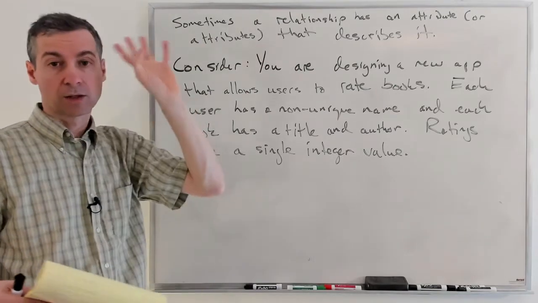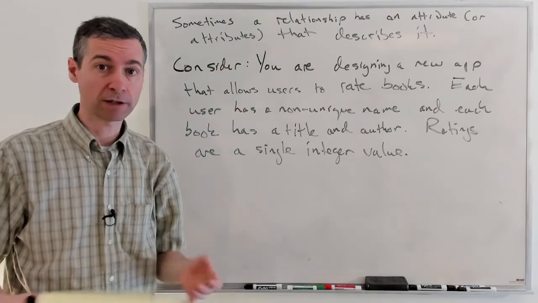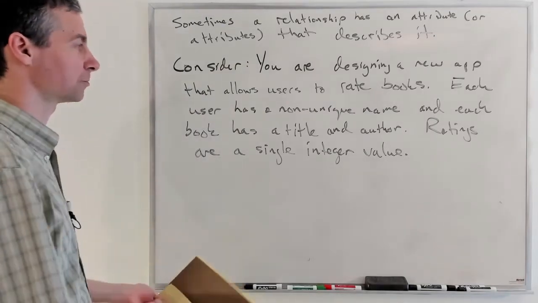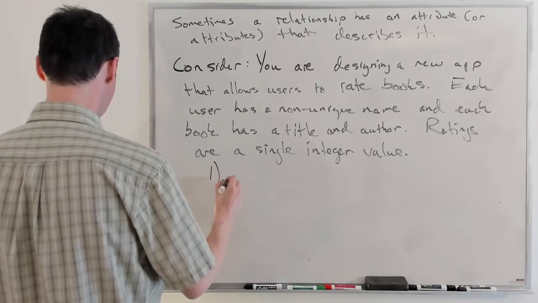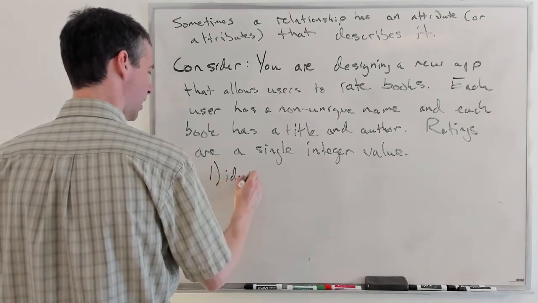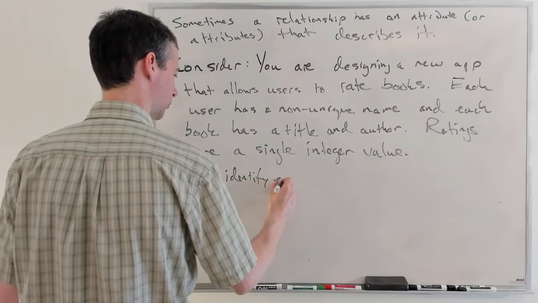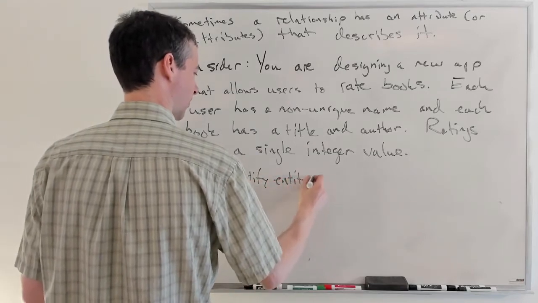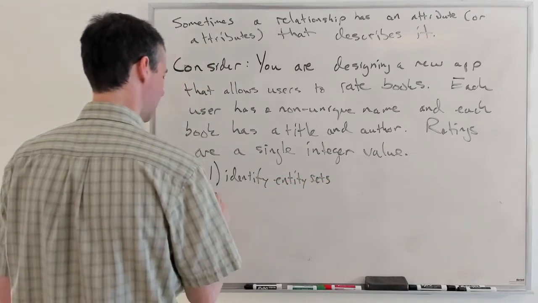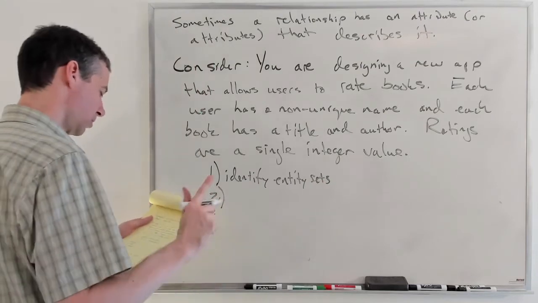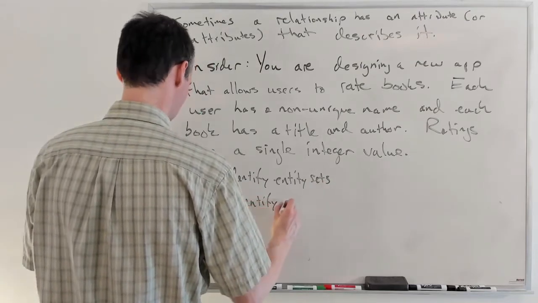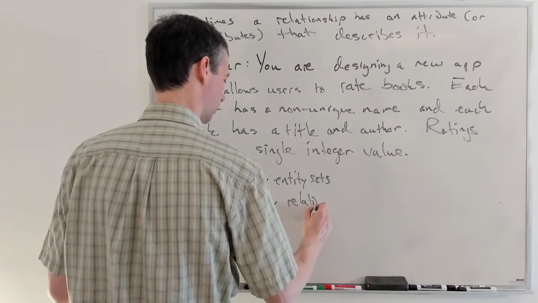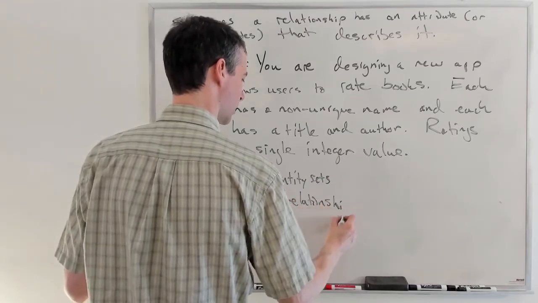All right, time to make our entity relationship diagram. So first step, always 1, identify entity sets. Then we've already also learned step 2, which is identify relationships between those entity sets.